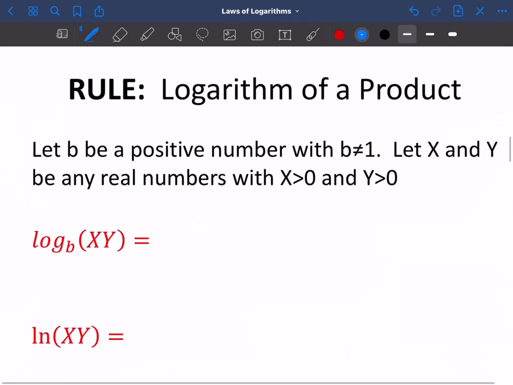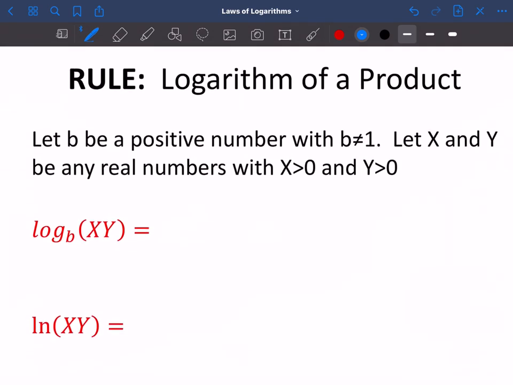So now let's start with our first rule. These are rules that you're going to be required to have memorized for our assessment for this unit. The first one is the product rule. When we have the logarithm of a product, you'll notice down here we have log base b of a product, x times y.